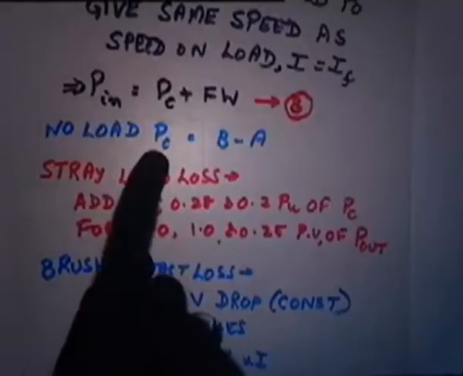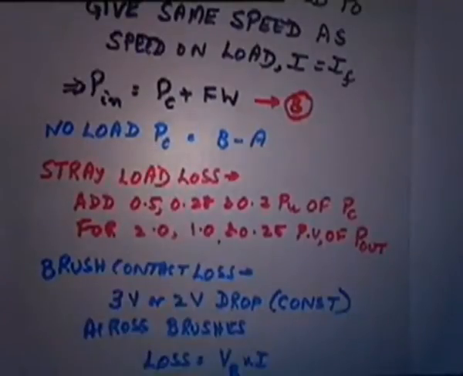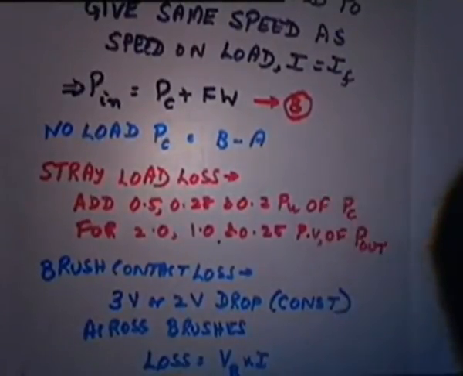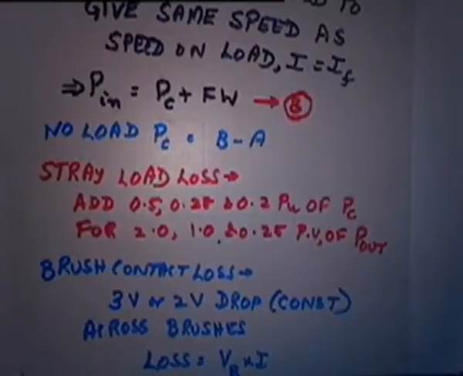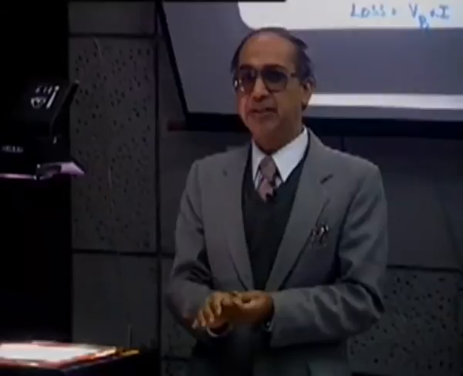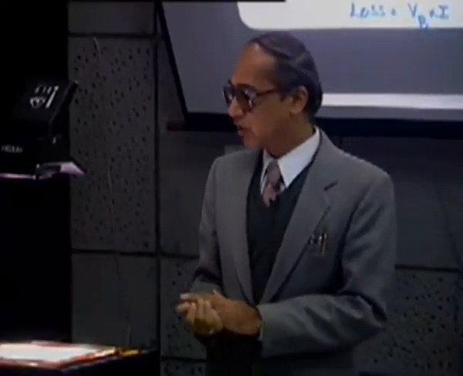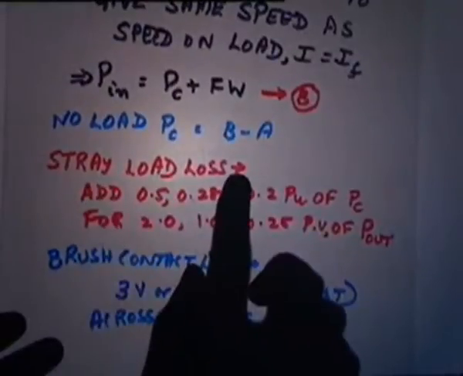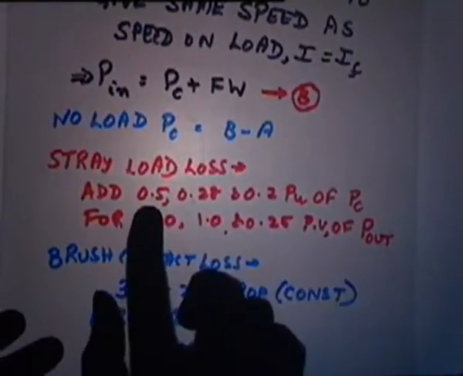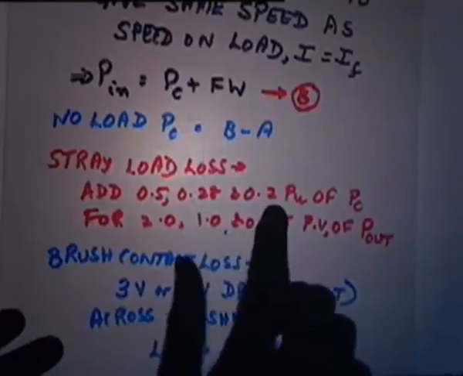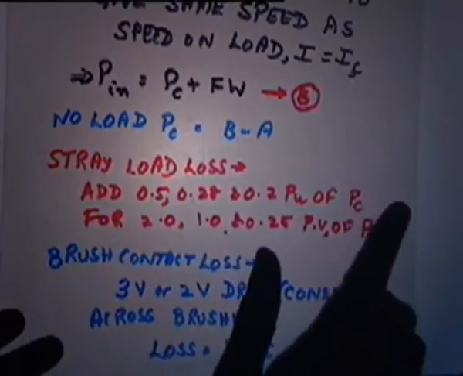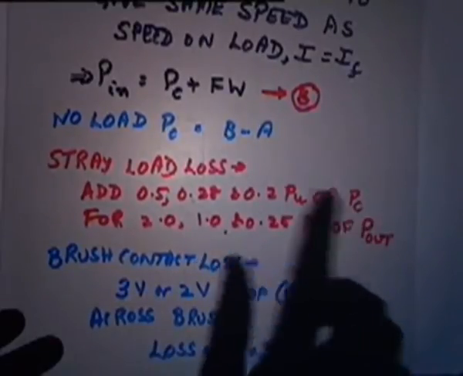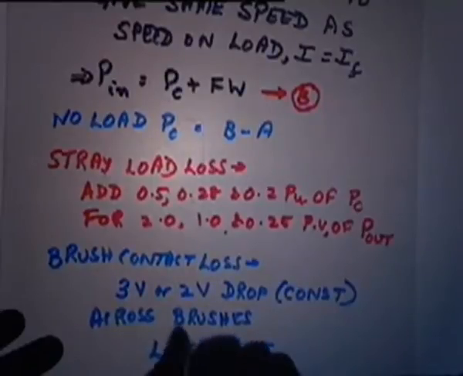Now we know that we have separated friction windage and the core loss for the given speed and given current, because the speed decides the friction windage and the current decides the core loss, and you can add stray load losses here, say around 0.5, 0.28 or 0.2 per unit of the core loss.